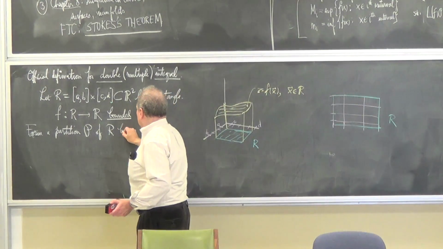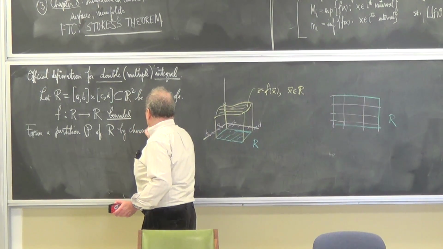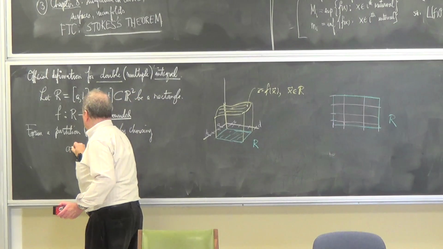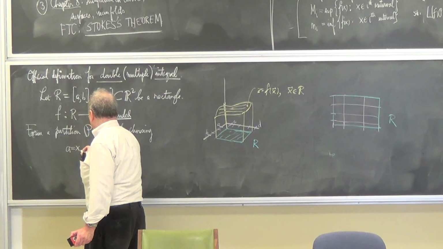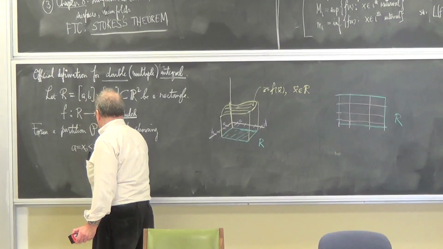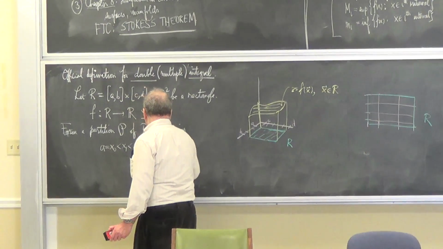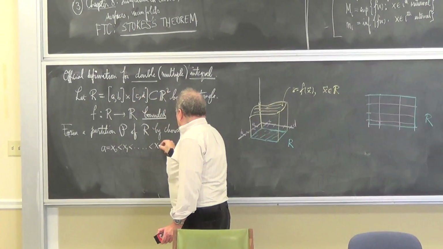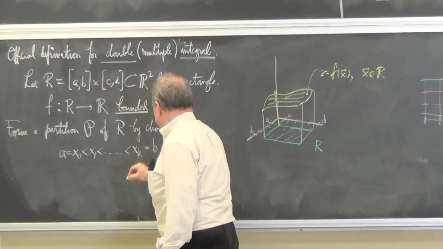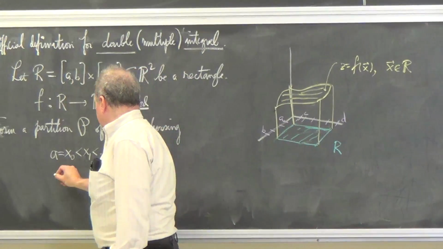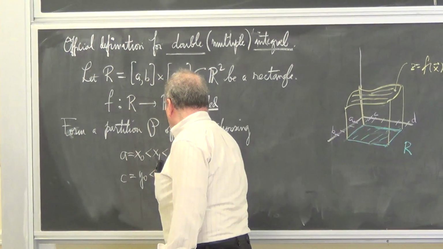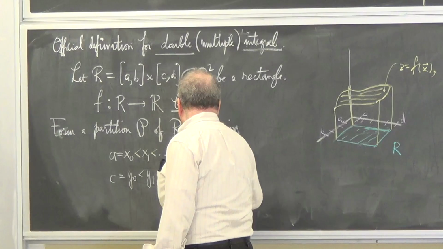So by choosing, officially I'll call the x division points x sub 1 up to x sub k, and in the y I'll call them y naught up to y sub l.